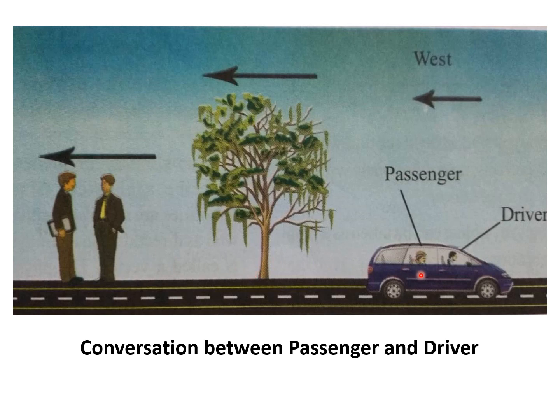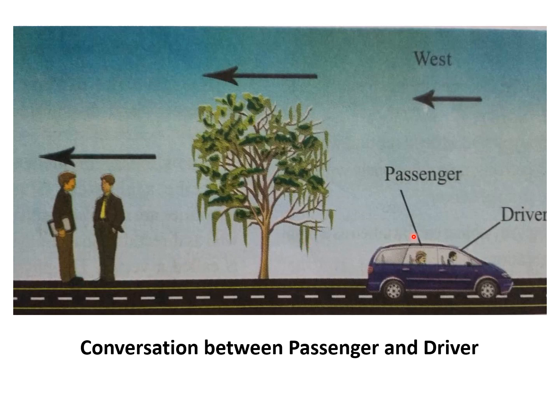The passenger says they are also moving towards west, because along with the driver they are moving in east direction. So for these two people, it appears that they are moving or advancing in west direction.